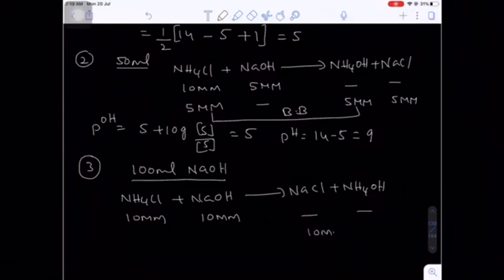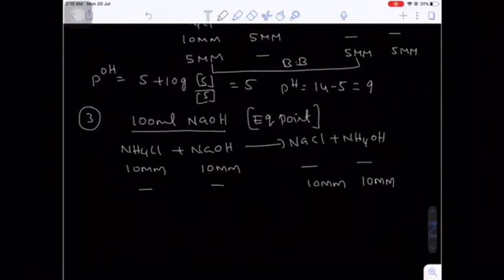Now NH4Cl is 10 millimoles and NaOH is also 10 millimoles. That means both are completely consumed. So you will get 10 millimoles of NaCl and 10 millimoles of NH4OH. That means this is the equivalence point. Are you getting my point?